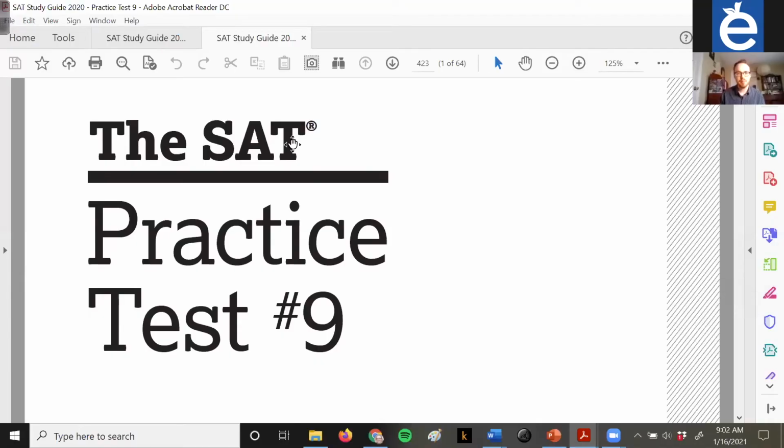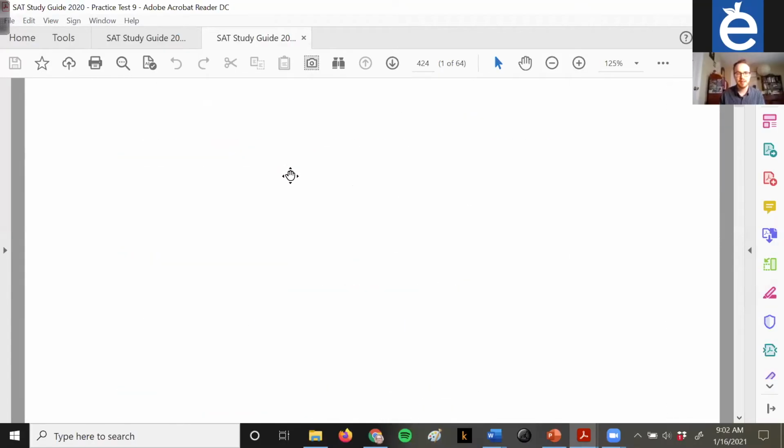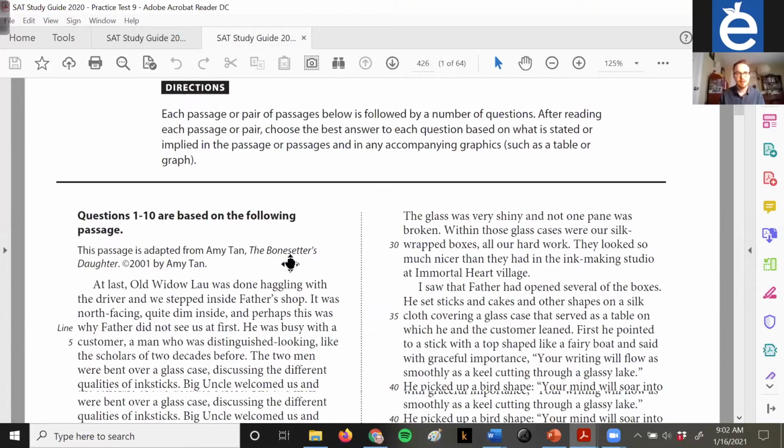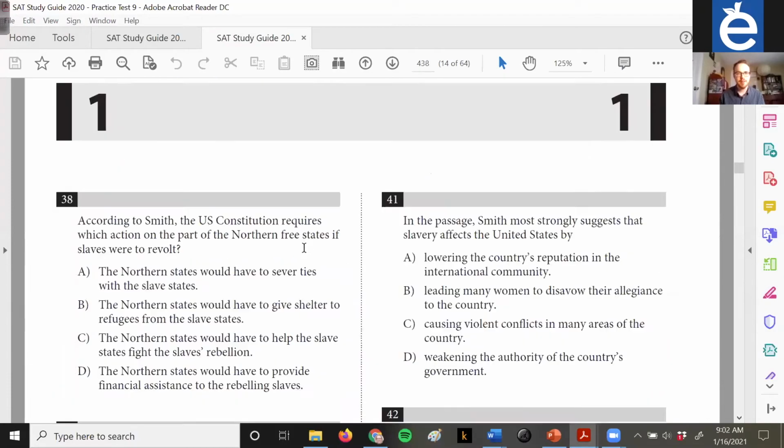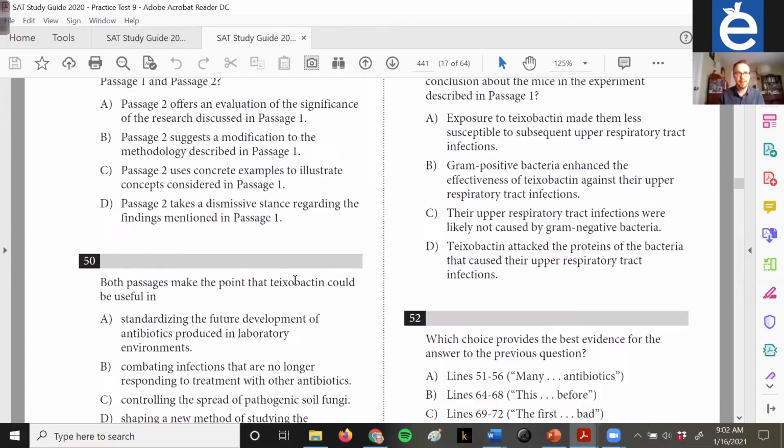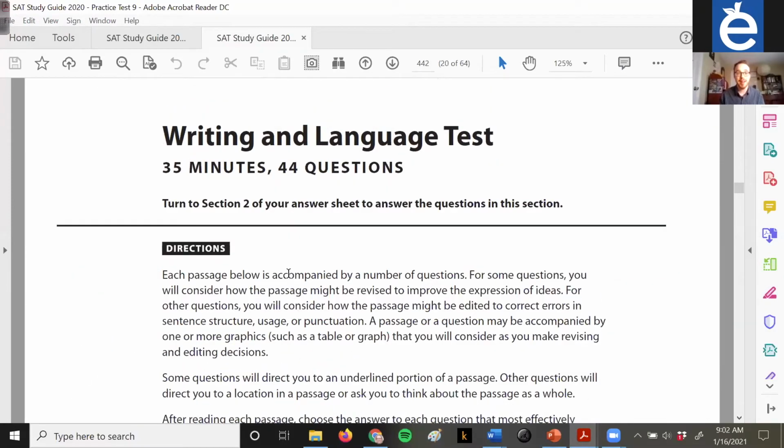I'm gonna pull up what the writing and language portion of the test looks like, in case you don't know what I'm talking about. This is SAT practice test 9, scrolling through our reading comp, till eventually we get to the second portion of the test, which is writing and language.